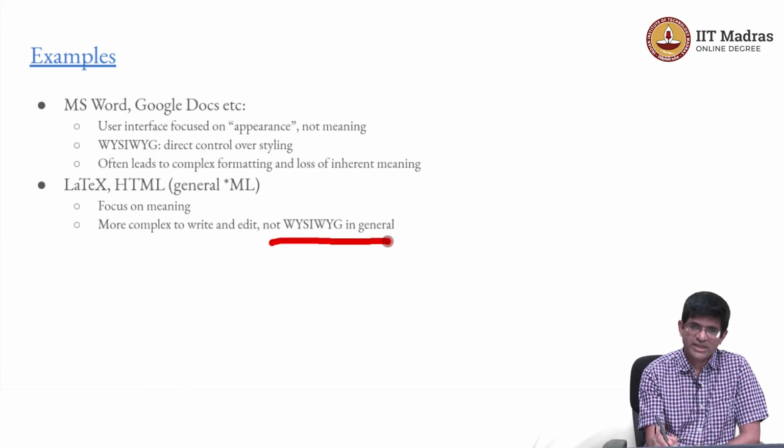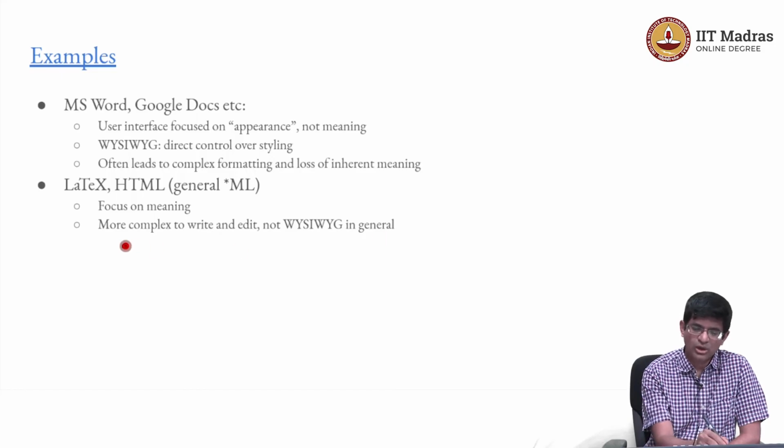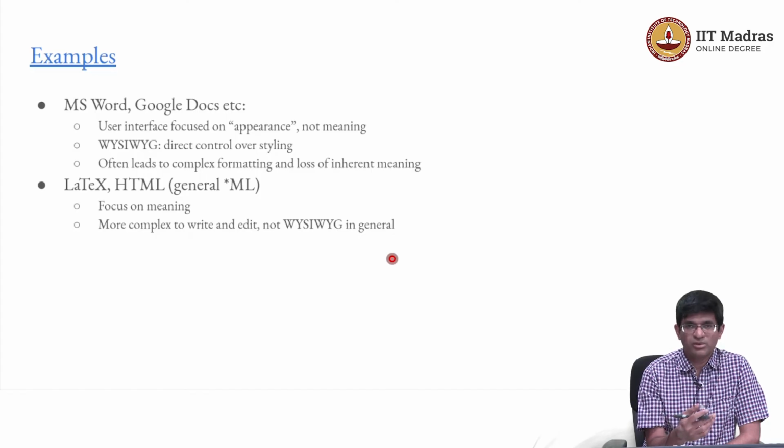In general, they are not WYSIWYG, and they are also more complex to write and to edit. In some cases, there are halfway editors that try to do a reasonable job of showing you what the output would look like, but in most cases they are generally harder to work with than MS Word, which is why people tend to use Word and similar kinds of editing tools a lot more than something like LaTeX.